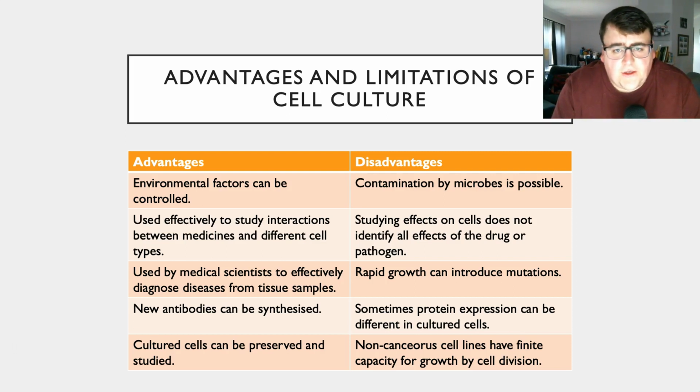And lastly, non-cancerous cells, which are the cells we generally want to use because cancerous cells may act differently, have a finite capacity for growth by cell division. So they can only divide so many times before that cell is finished, and we're constantly having to get more cells. Again, a great point to talk about there would be your HeLa cells, so I would encourage you to do some research on HeLa cells.